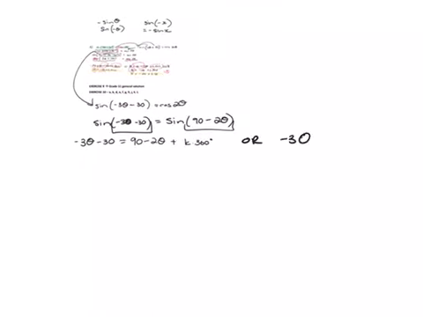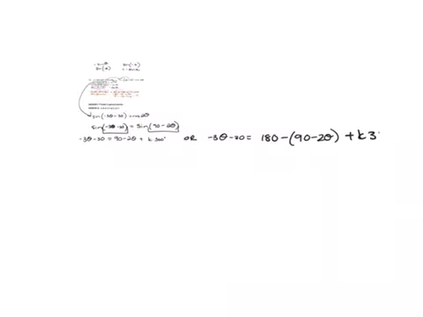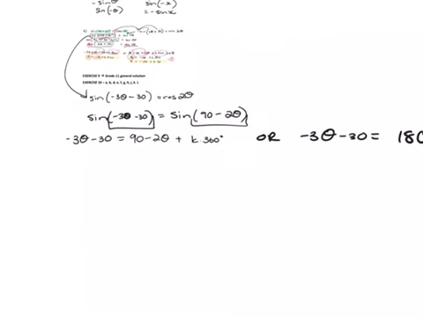Now, negative 3 theta minus 30 equals 180 minus our angle in the bracket, plus k360. Here we end up with negative 3 theta, and we take it across and add, and we get negative theta is equal to 120 plus k360. So theta would be negative 120, and you leave it as plus k360.